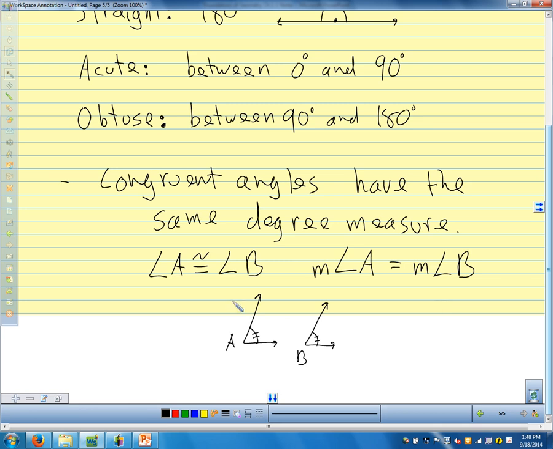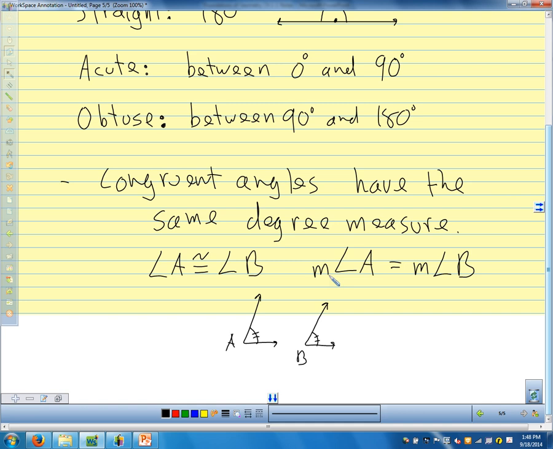And that also means they have the same degree measure. The little m means measure. So nothing really different here. Okay, we good with this?